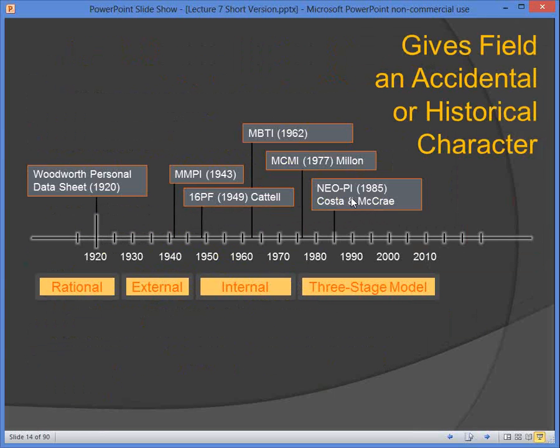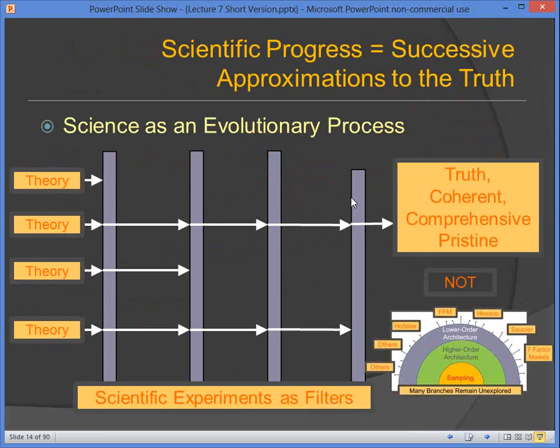The problem with this is that when you think about this decision space in terms of an inductive approach to inventory construction, it gives the field a kind of accidental character. We would like science to converge on a single result.